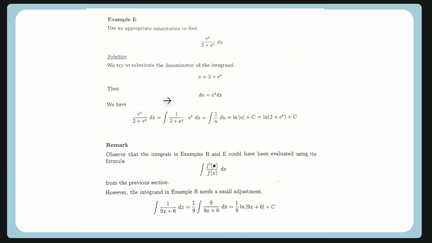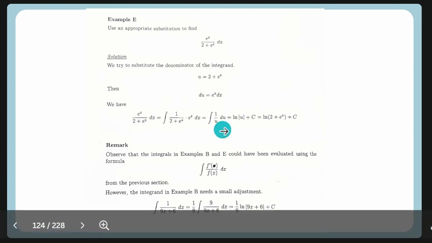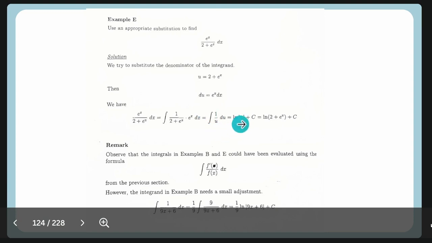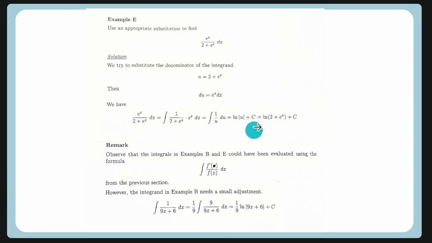So it's equal to the integral of 1 over 2 plus e to the power of x times e to the power of x dx. Again, you know that your 2 plus e to the power of x is your u value. So you have the integral of 1 over u times your du value. Now we can integrate. The integral of 1 over u is ln u plus c. Then you can simply put the value back inside.